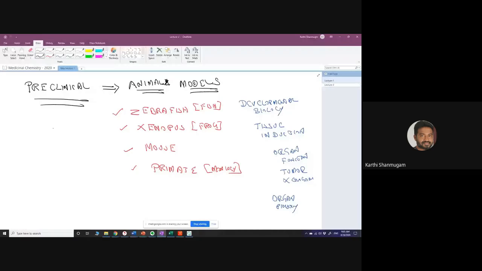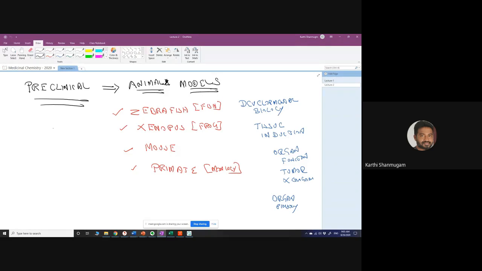I cannot mimic the human nervous system and brain system with the brain system present in the mouse, but I can somewhat compare the brain functioning and the nervous system of monkey or dog with the human system. That's why we prefer monkey or dog for Alzheimer's or Parkinson's diseases.